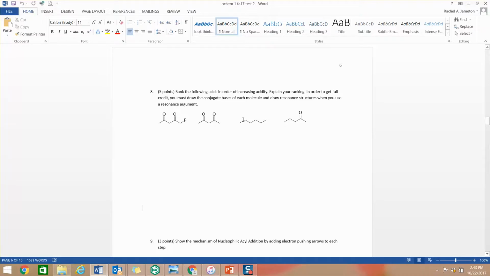And of course, for the middle here, there's no resonance structures that you can draw at all. And in fact, there's no electronegative elements or anything like that. So it's the least acidic. I think you had the order right in the problem, but the conjugate bases and the resonance structures were missing.